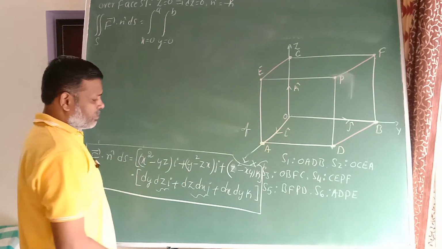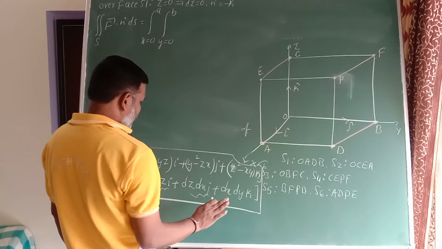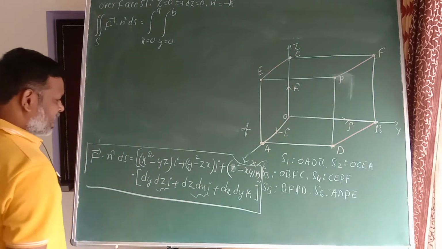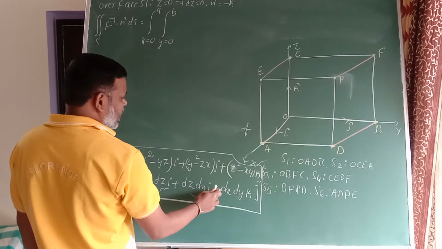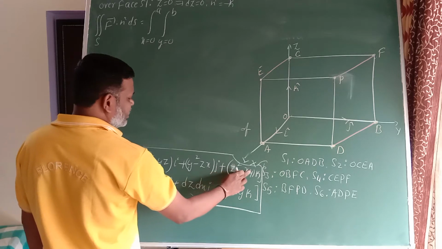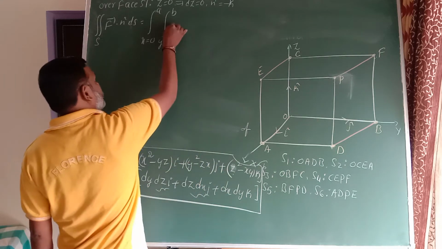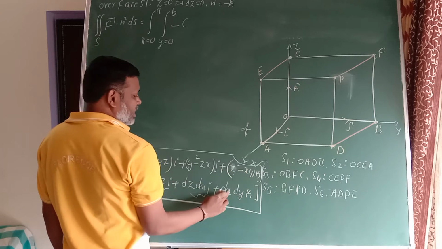So this into this is 0, this into this is 0. Now we have to take n cap, which is equal to minus k cap. So instead of k, we have to take it as minus. And z is equal to 0. Remaining is z square minus xy, along with minus, z square minus xy into dx into dy.